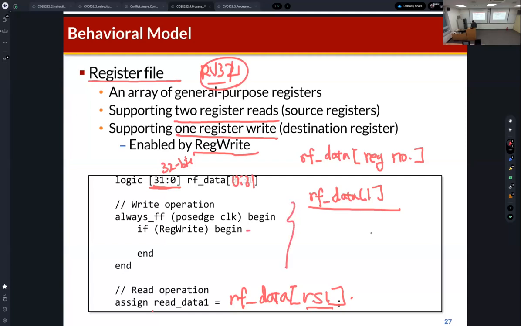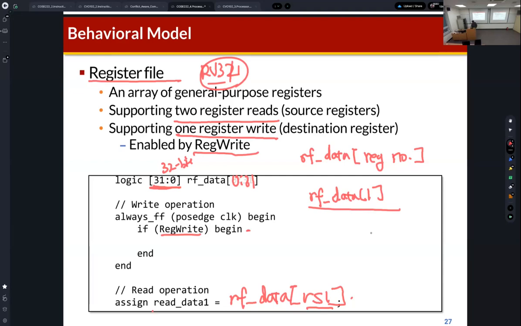So what is this one? This is actually a D flip-flop with enable, because the write operation is enabled by the read write signal, which means that if the read write signal becomes 1, then we can perform the write operation.